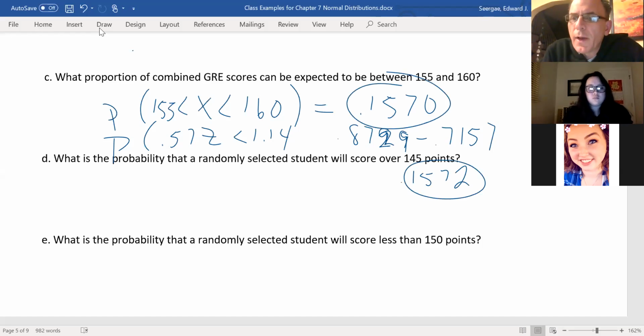But of course, we also rounded off the Z-scores, and your StatCrunch is not going to round anything off, at least not as much as we did. But it's about the same thing, so about 15.7%.